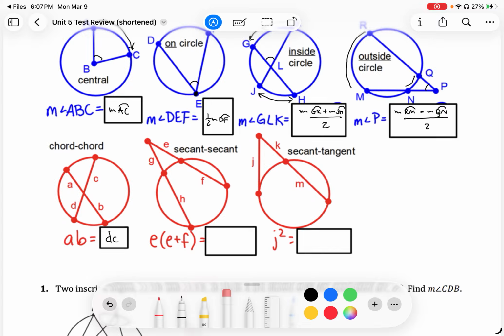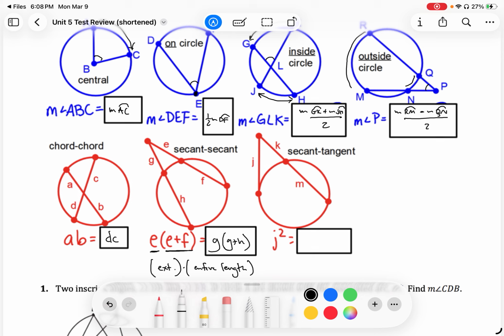The secant theorem says if you take the exterior portion of one secant and multiply by the entire length of that secant, you get the exterior portion of the other secant times the entire length of that other secant. Remember that it's always exterior times entire length. That's the important thing to remember about the secant product theorem.